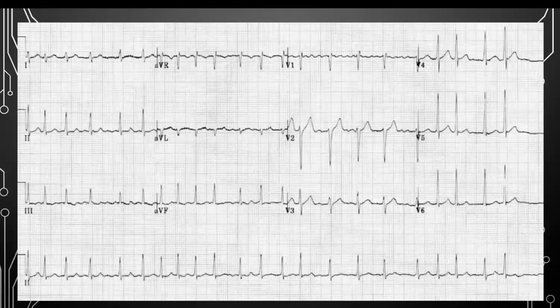Dear examiner, this is a 12-lead ECG. I can't see any P wave, so it's not sinus rhythm.